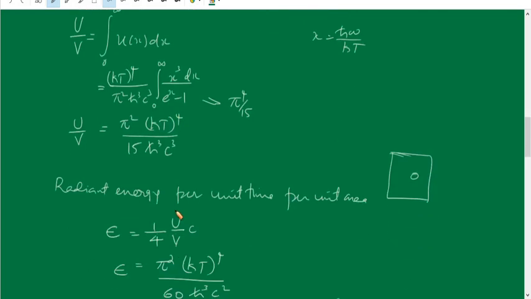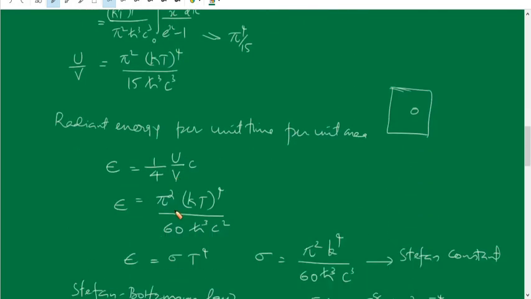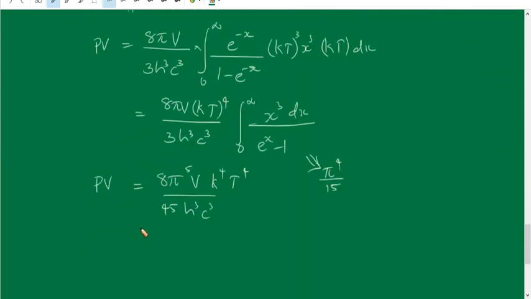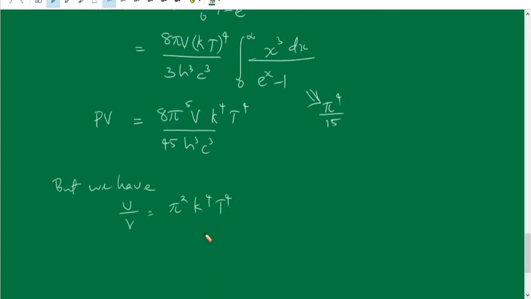The energy density U by V is equal to π²k⁴T⁴ divided by 15 ħ³c³.